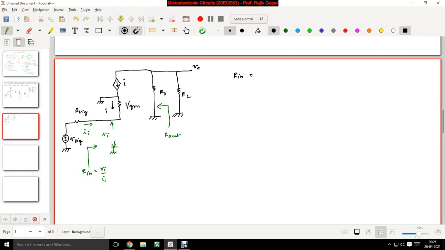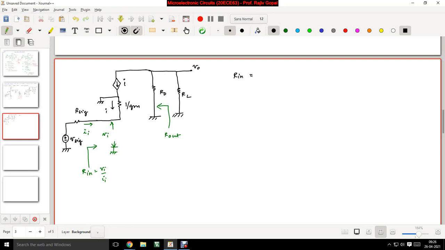Any guesses what will be Rin? Rin is VI by II, fine, but I can see only one resistance when I look at Rin. Which resistance is that? Source resistance, sir. Which is the source resistance here? RSIG. There is no RS here, no?